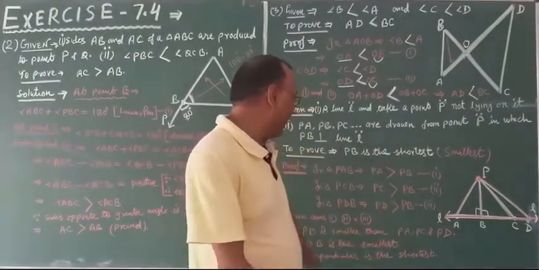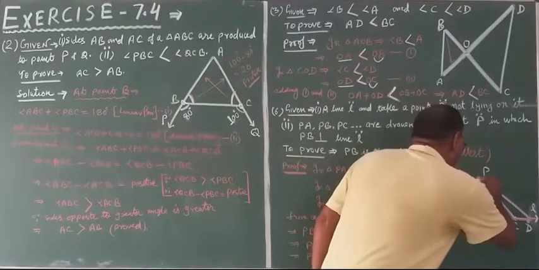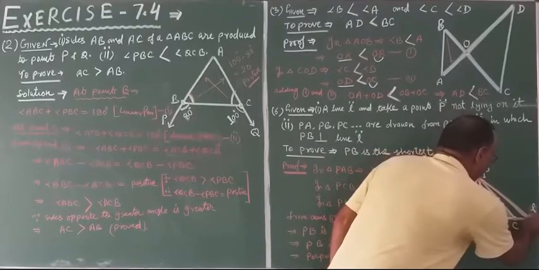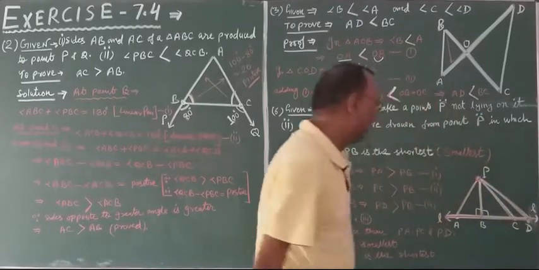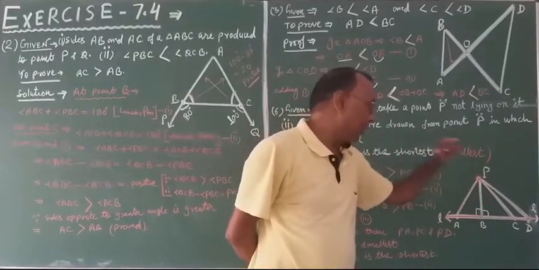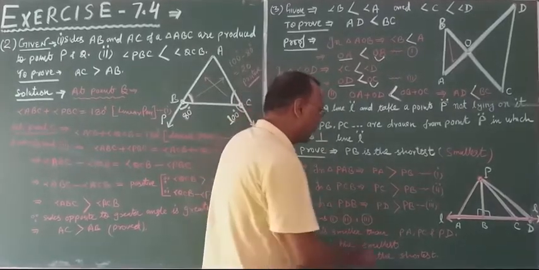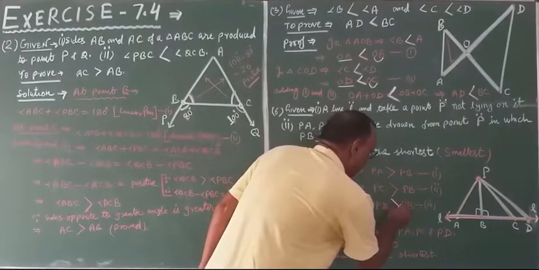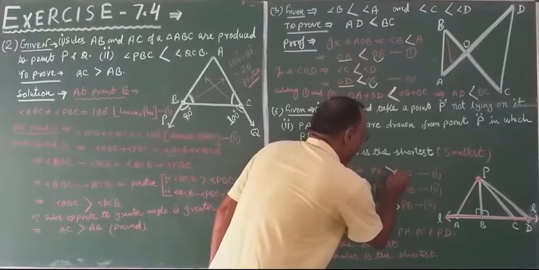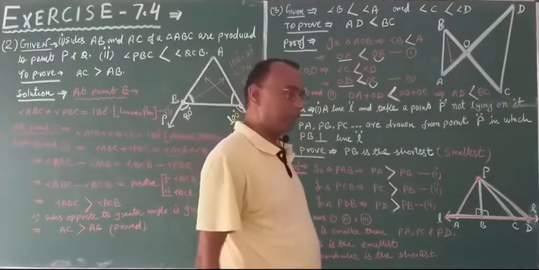And similarly, in triangle PDB, PD is the hypotenuse, and this hypotenuse PD again will be greater than PB. Is it okay? So this is equation 1, 2 and 3.